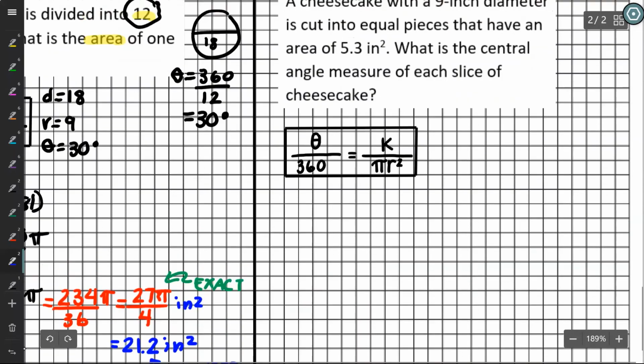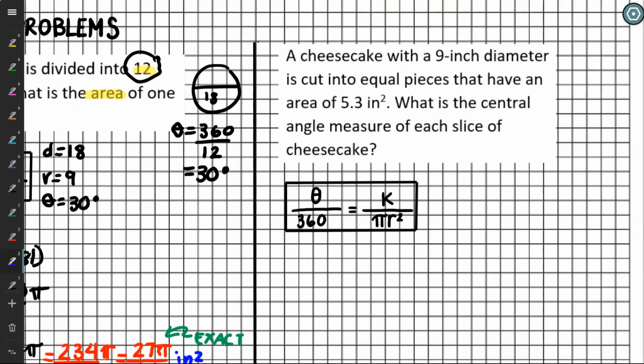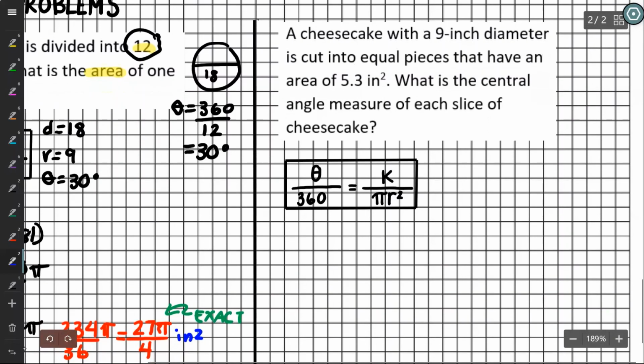Alright, we have one more word problem that we're going to go through, and then we'll be done. So now I'm going to do this in green. I have a cheesecake with a 9-inch diameter. I'm going to highlight that because it's important. We cut it into equal pieces that have an area of 5.3 inches squared. So I want the central angle measure, which means I'm solving for theta.